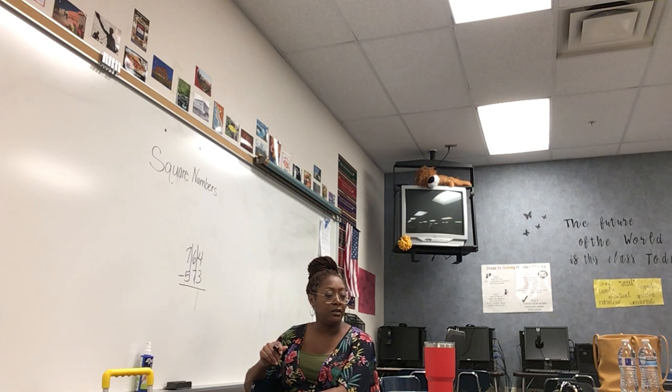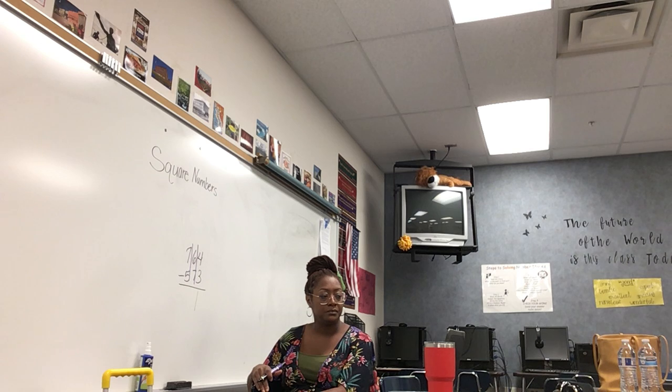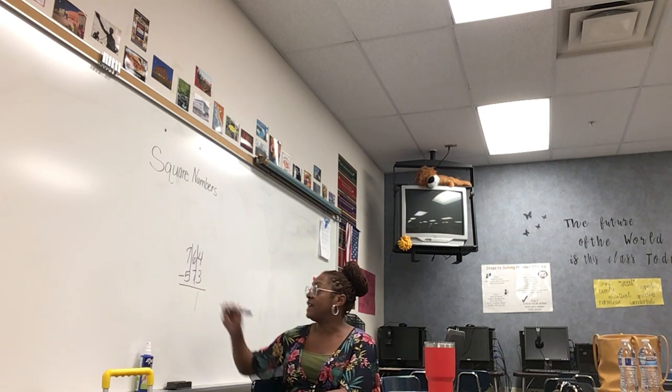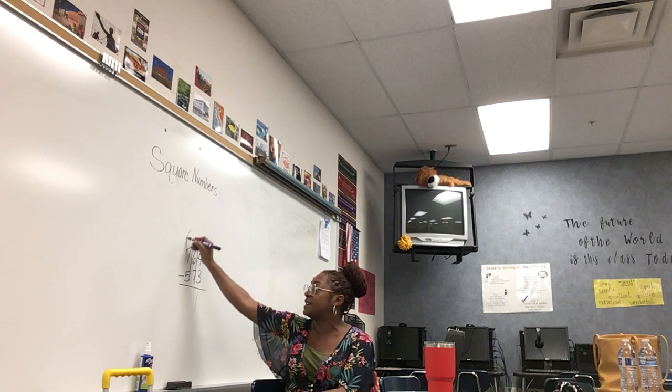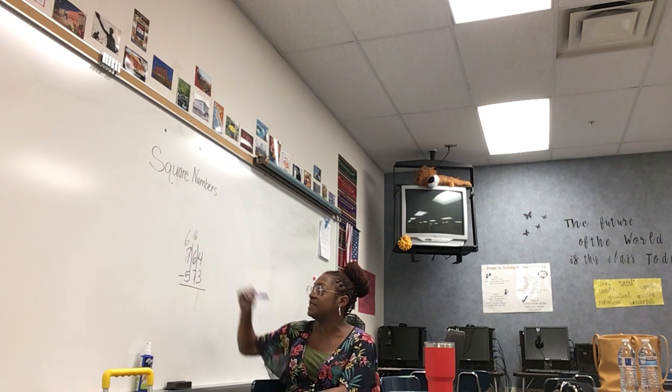We're going to borrow from where? Look at the board. We're going to borrow from our hundreds place from our 7. So our 7 is going to go down to 6. We've borrowed 10, so our 6 over here in the tens place is going to become 16.